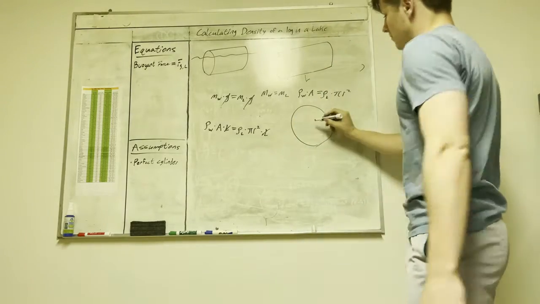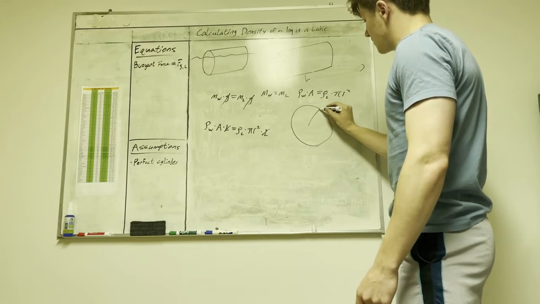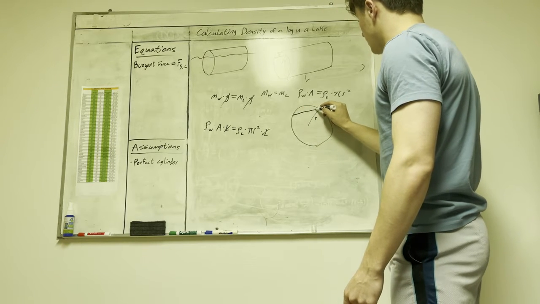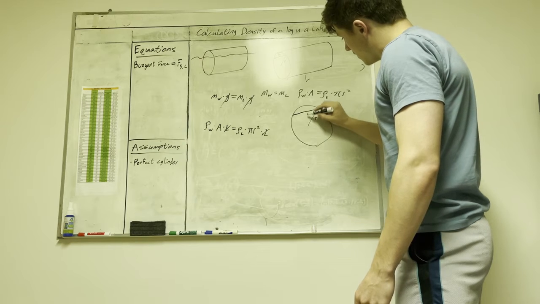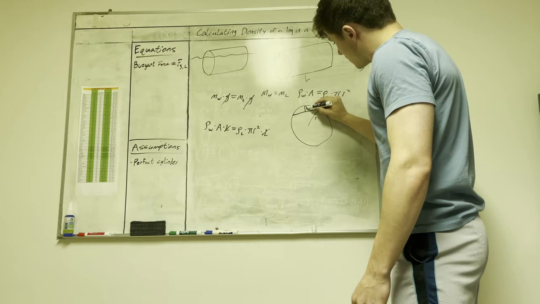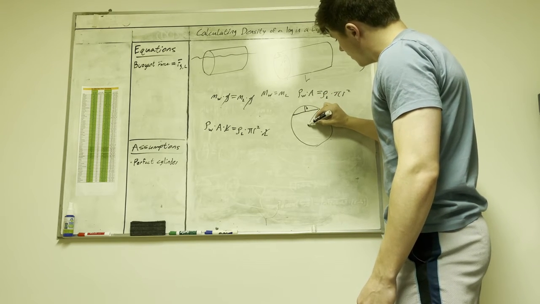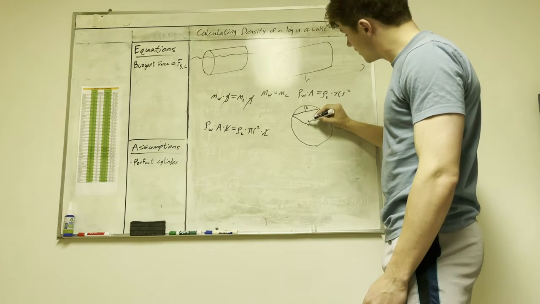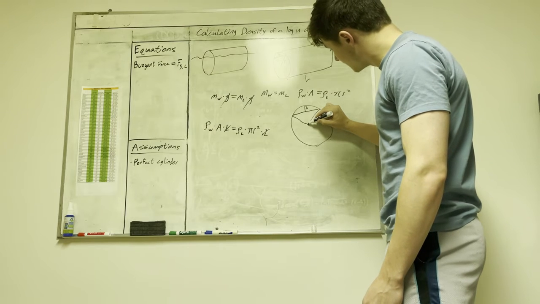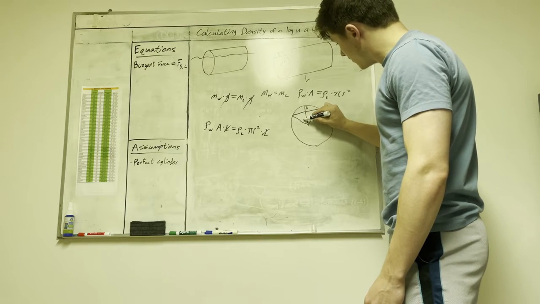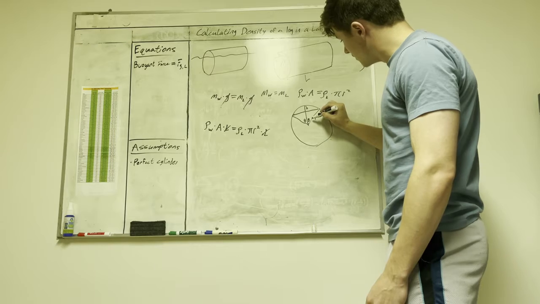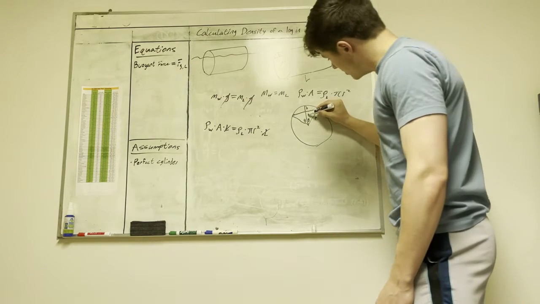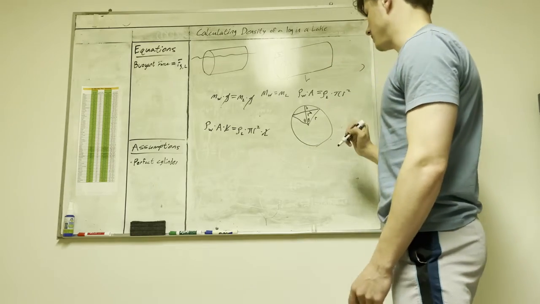As you can see here, we have some radius r, the height of the water, and let me just redraw that because that'll be helpful later when calculating the cross-sectional area. Then we'll have some angle theta, and this up and down length will be labeled as r minus h.